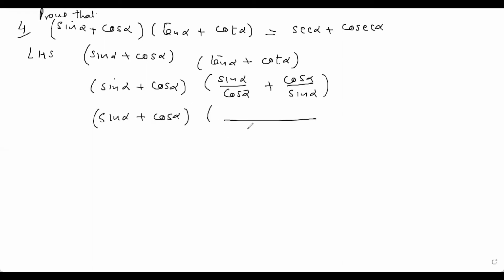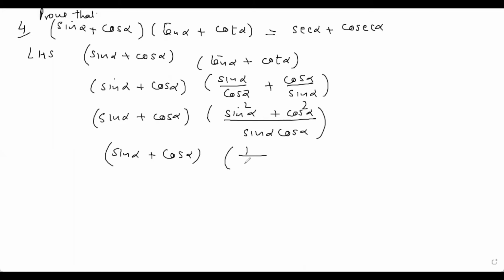Take the LCM. Sin alpha cos alpha. Now here I'll have sin square alpha plus cos square alpha. Now sin alpha plus cos alpha, this is equal to 1 upon sin alpha cos alpha. So this thing can be written as sin alpha plus cos alpha upon sin alpha cos alpha.